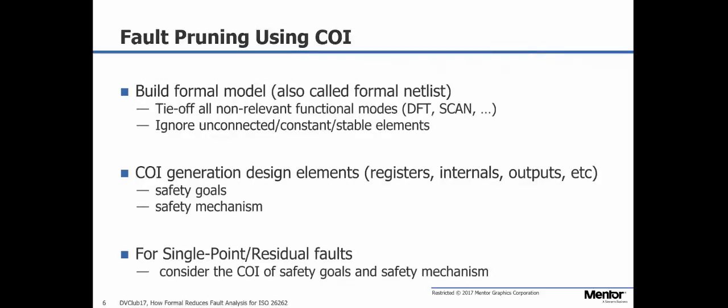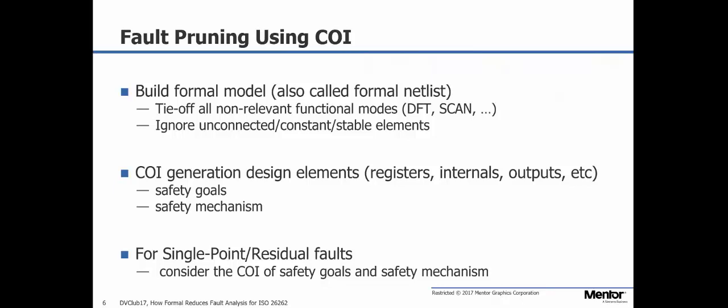When we are talking about formal, it is like simulation: it elaborates the design and creates what we call a netlist. In this process, formal applies whatever setup is necessary, ties off all non-relevant functional modes, ignores all unconnected logic, and builds an optimized formal netlist.